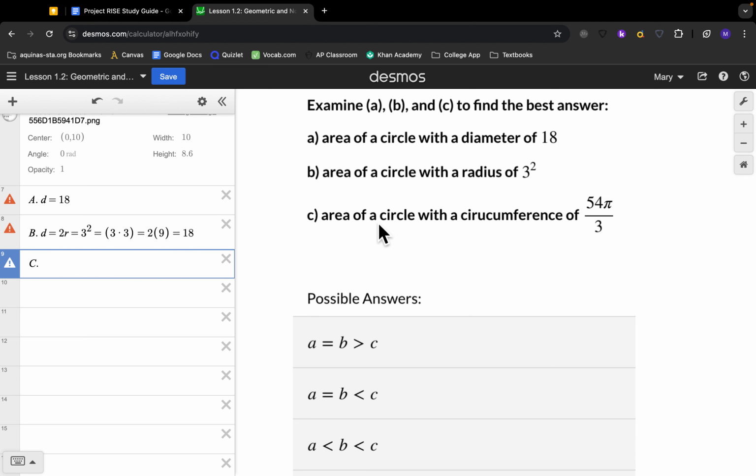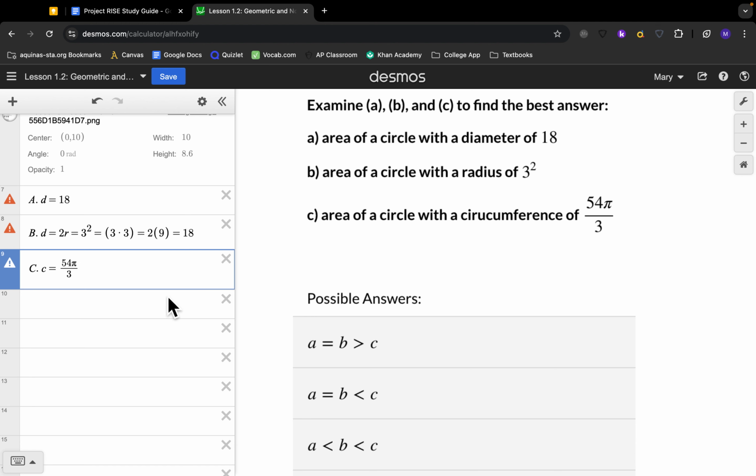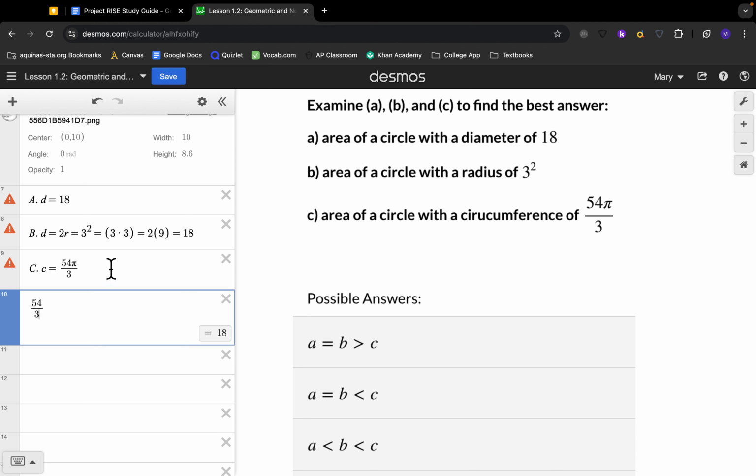So in the last option, we're told the area of a circle with a circumference of 54 pi over 3. Again, there's a little bit of a trick to it, but it is still fairly easy. Well, not really a trick, but you should recognize that 54 can be divided by 3, and that equals 18.